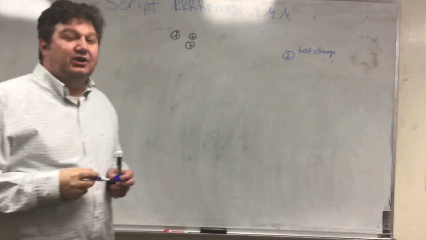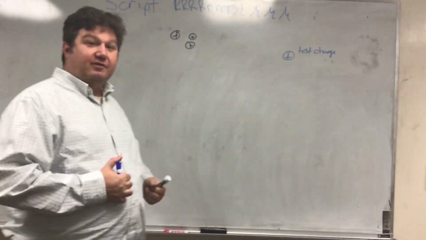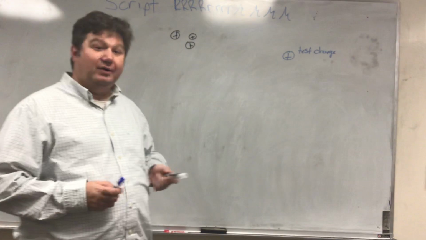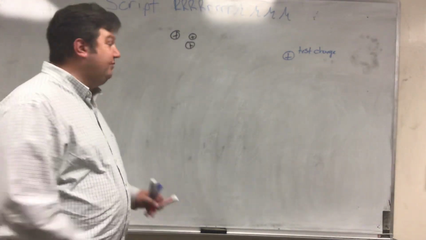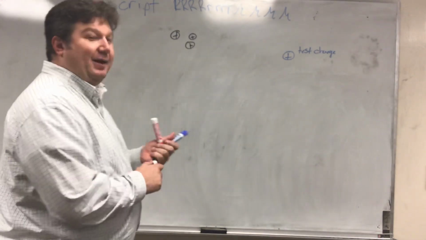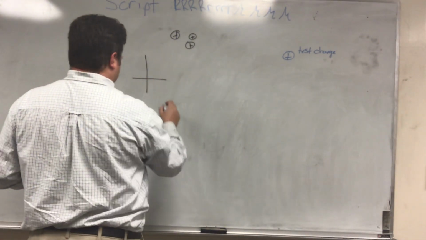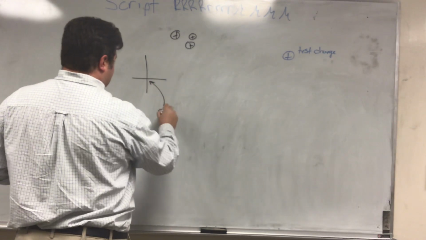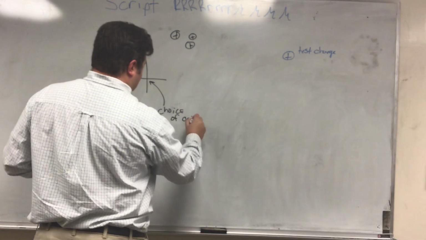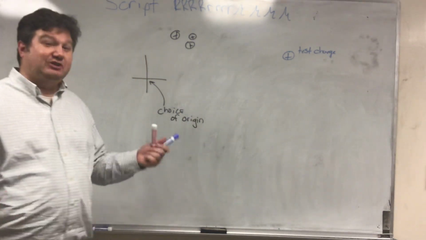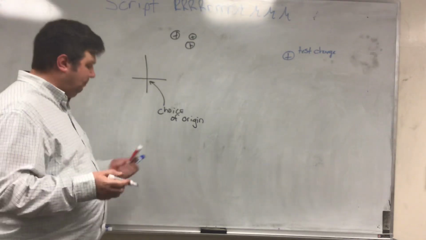Okay, so if I want to calculate the electric field between them, I need to know the distance between these 2 points. No problem. Except, what happens if I choose my origin here? So if I choose my origin there, now I got kind of a complicated problem, right?